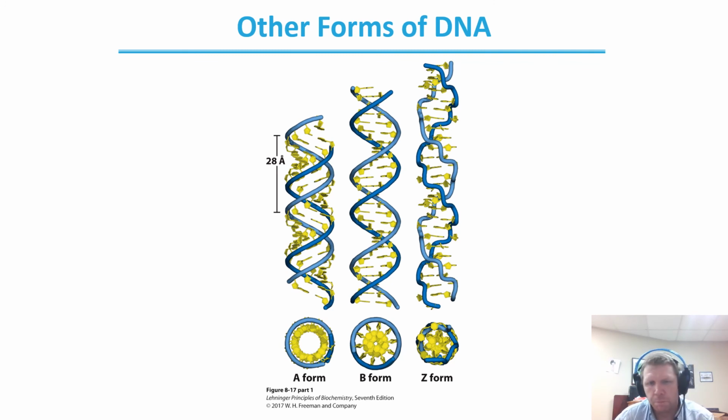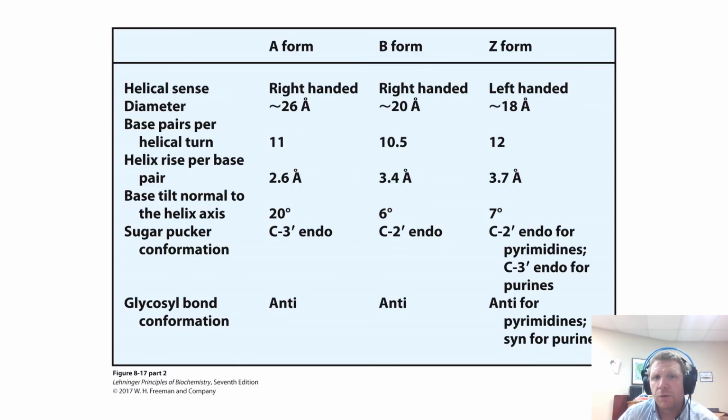Now, B form, like I said, is the predominant form. There are other forms of DNA that can be produced, A form and Z form. Those are much less common, but they are forms that DNA can take. Some differences between those forms is the diameter. For instance, A form is about 26 angstroms wide. Z form is 18 angstroms wide.